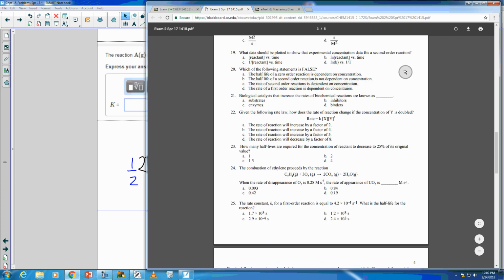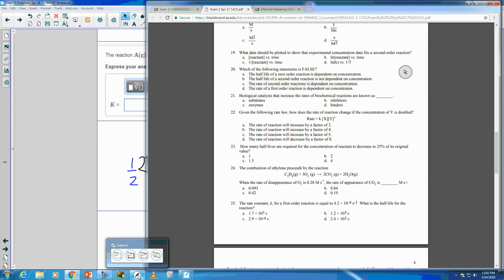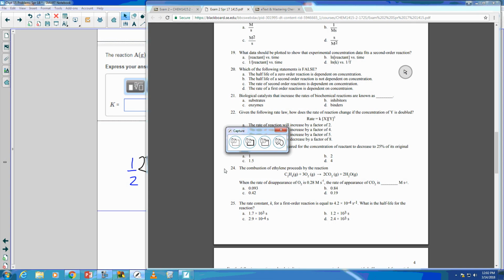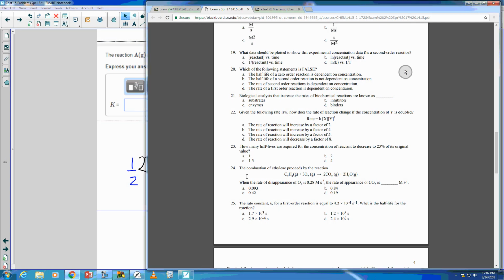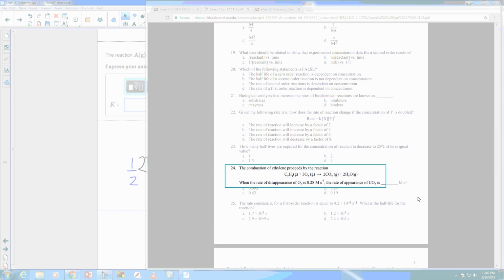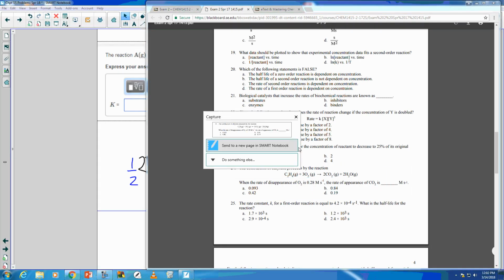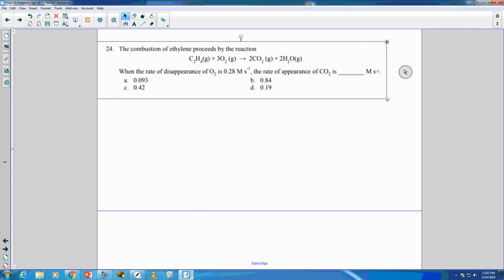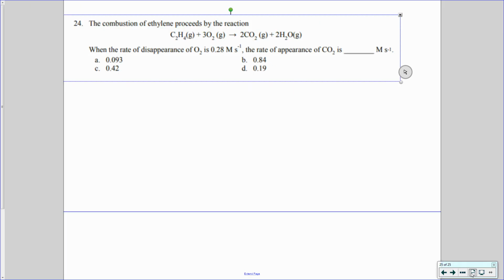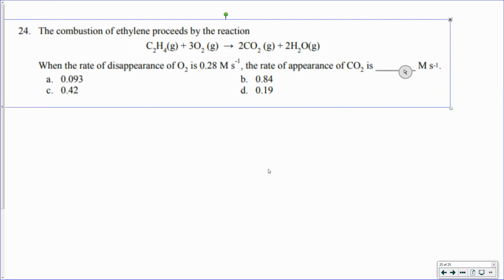All right, so okay, it tells me the combustion of ethylene proceeds forward and gives me a balanced reaction.